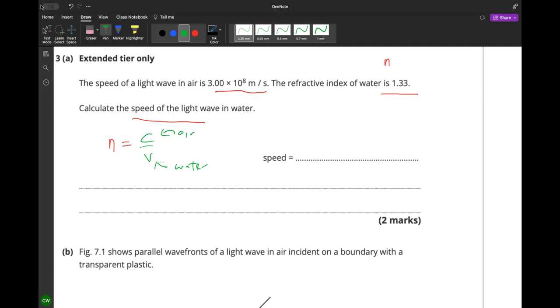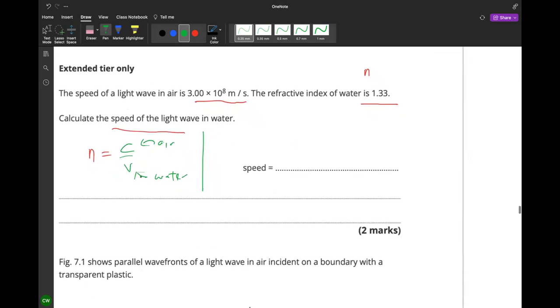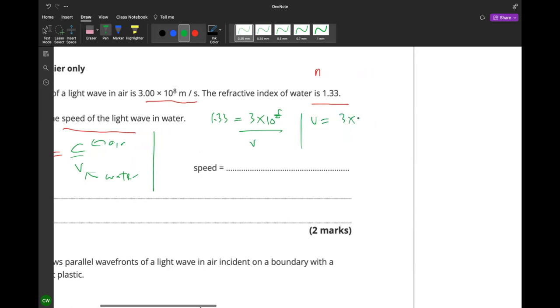So what you need to do is the calculation. We are looking for the speed in water. So we have 1.33 equal to the speed of the light in the air divided by the speed of the light in the water. Can you try to get the value? You have to take this number divided by 1.33.